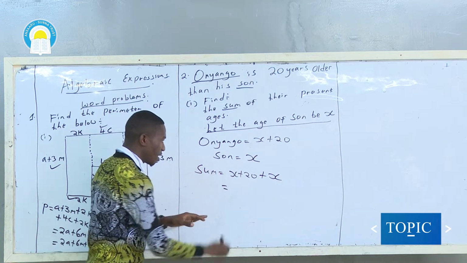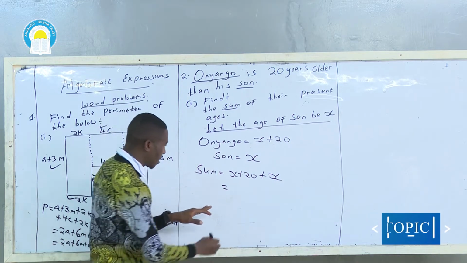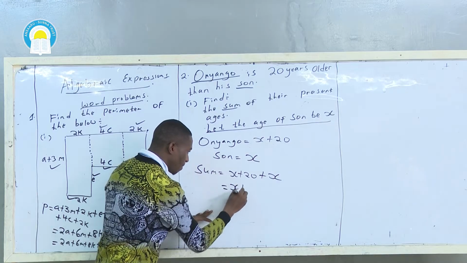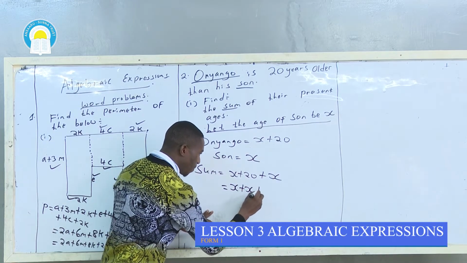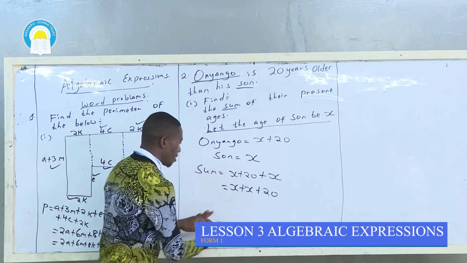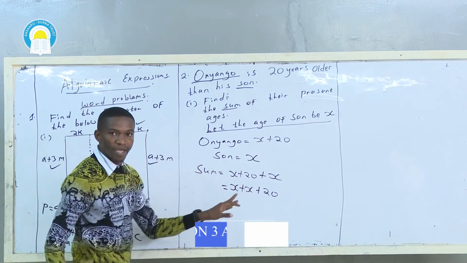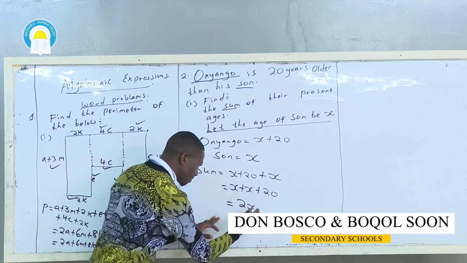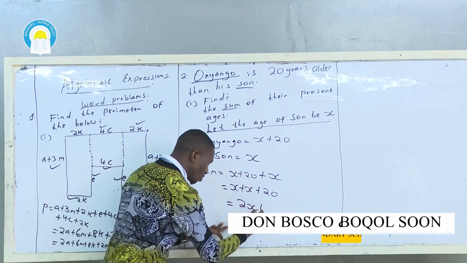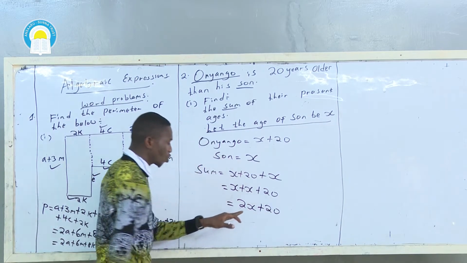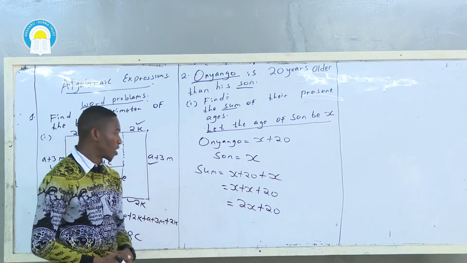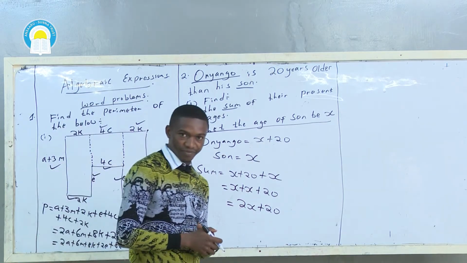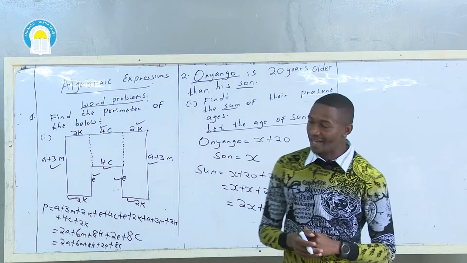The word sum in mathematics means addition. Therefore, you will collect the like terms. x plus x will be 2x, then plus 20. So 2x plus 20, we cannot add it because they are unlike terms.